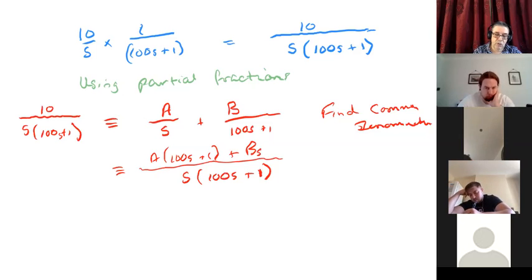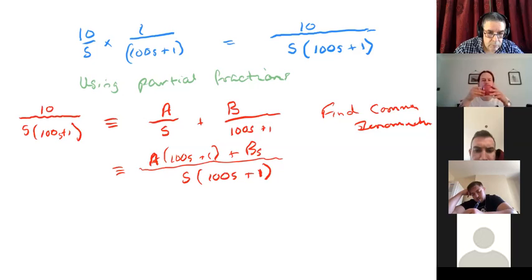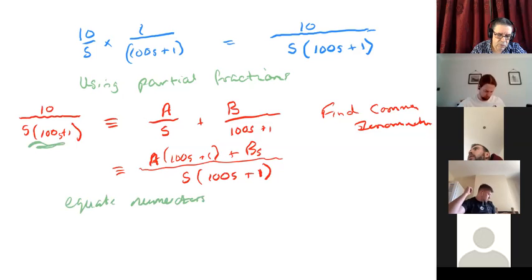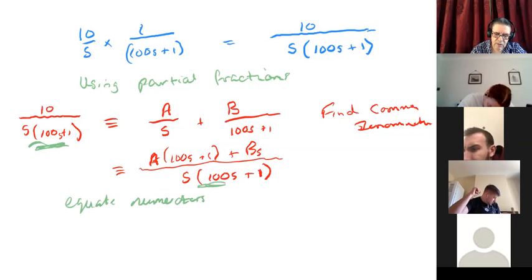Anyone remember what you can now do? Can you eliminate? It's called equate numerators. Because the denominators are equal, over here we've got s times 100s plus 1, and over here we've got s times 100s plus 1.